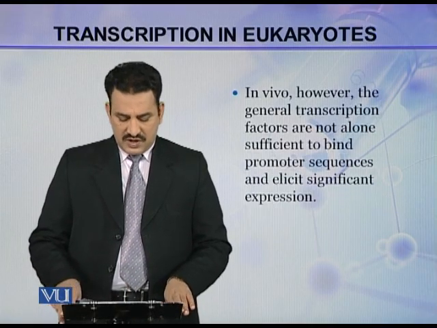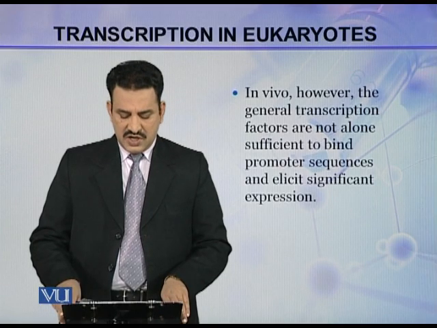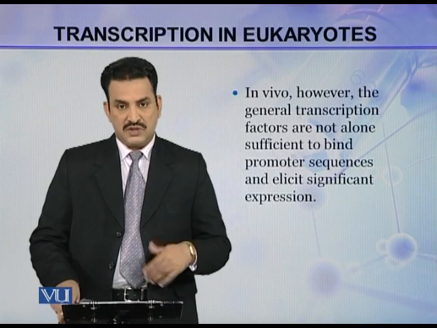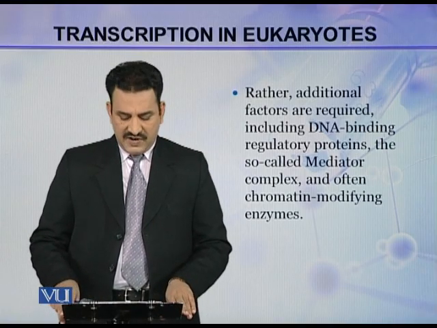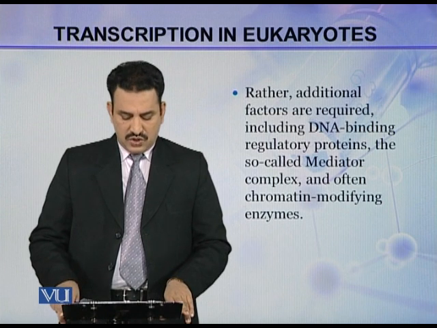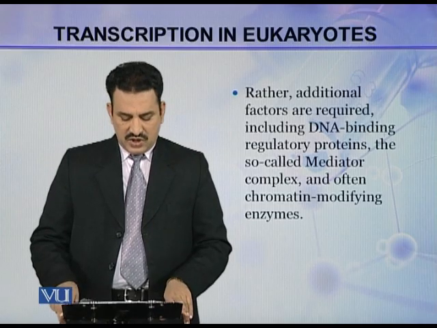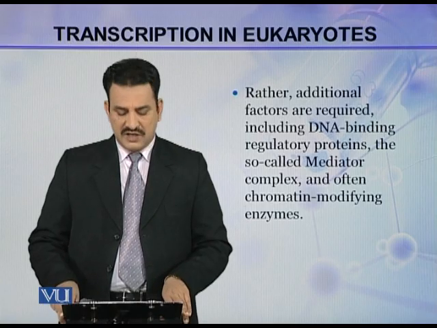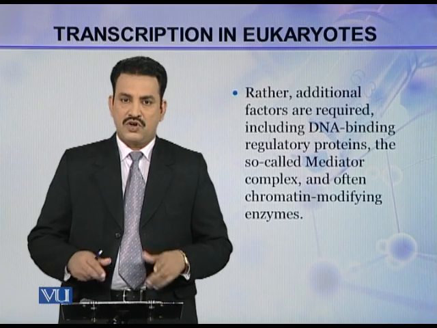In vivo, however, the general transcription factors are not alone sufficient to bind promoter sequences and elicit significant expression. So in vivo, there are some things more required. Rather, additional factors are required, including DNA binding regulatory proteins, the so-called mediator complex, and often chromatin modifying enzymes, because in eukaryotes the DNA is in the form of a chromatin.